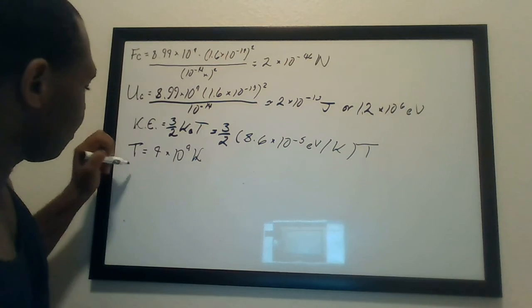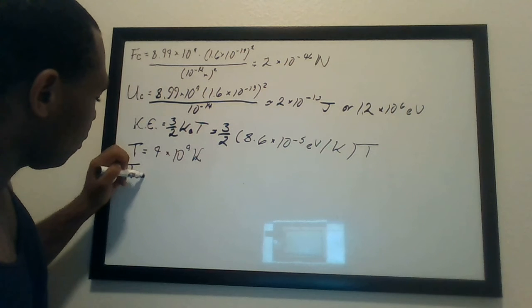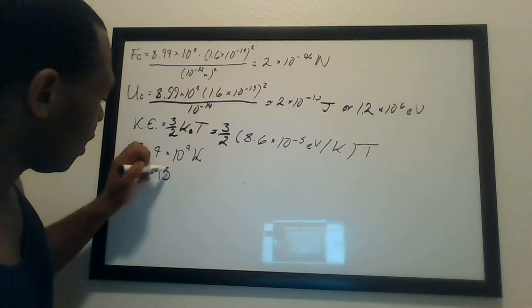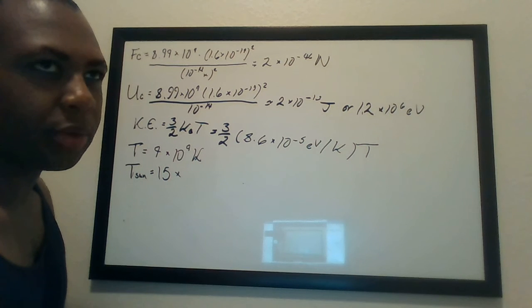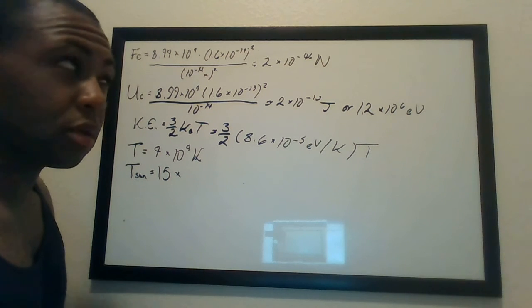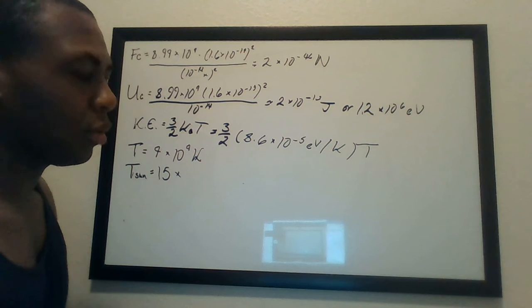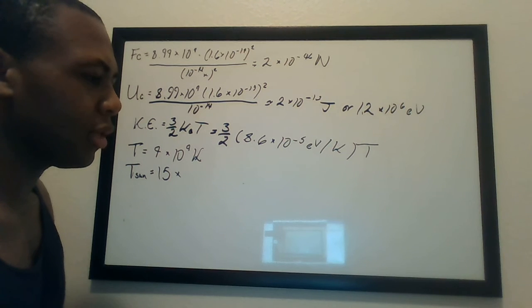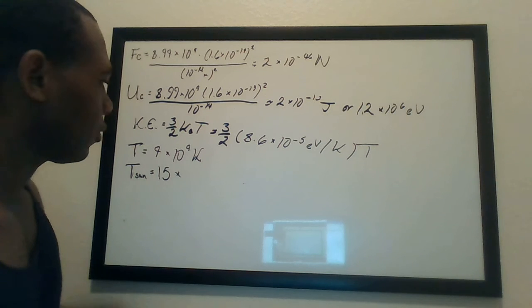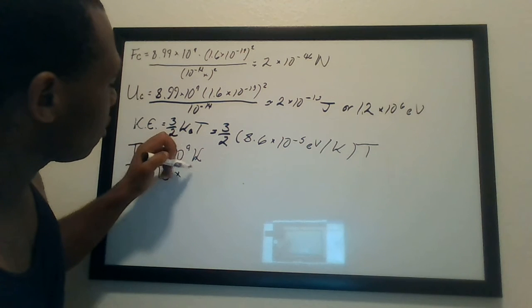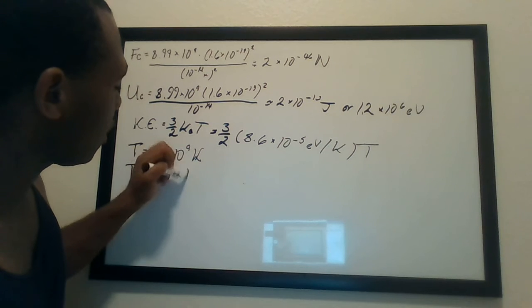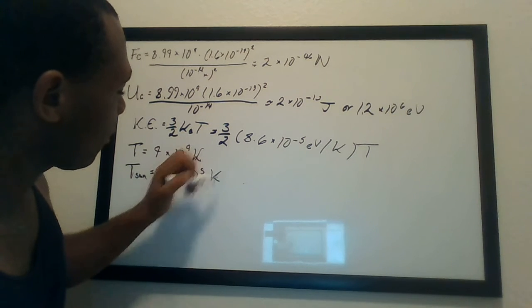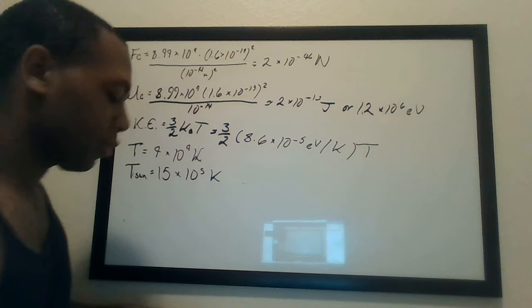So the temperature of the sun is 15 times 10 to the 6, that's 15 million. So 10 to the 5 Kelvin, right?